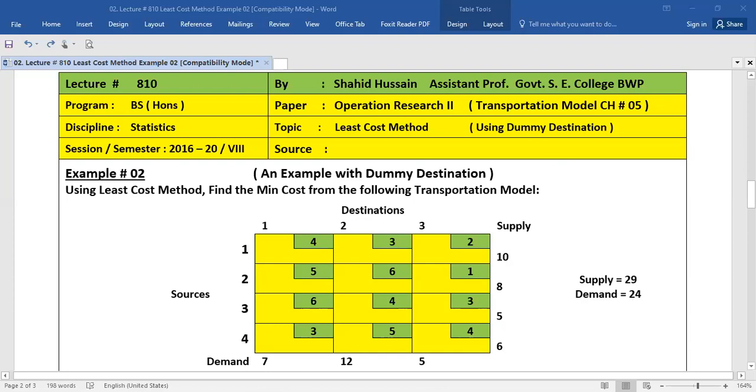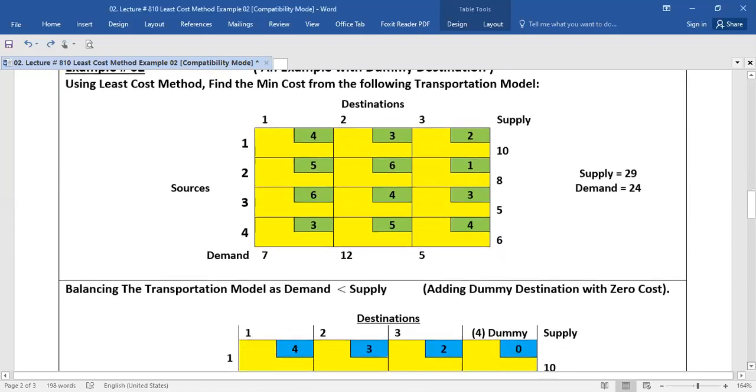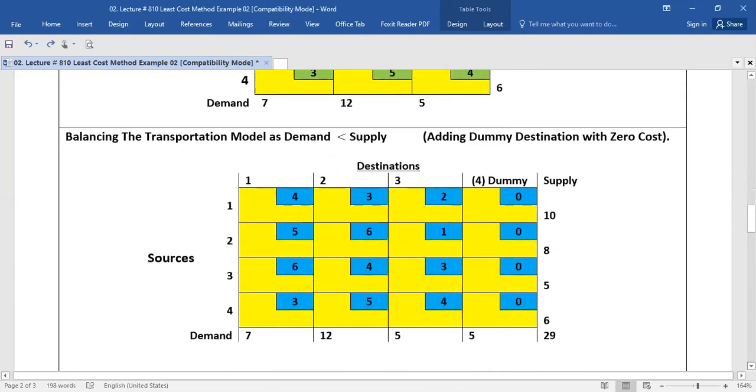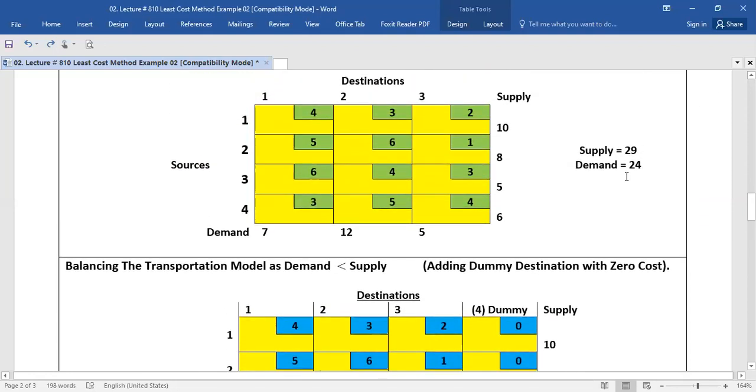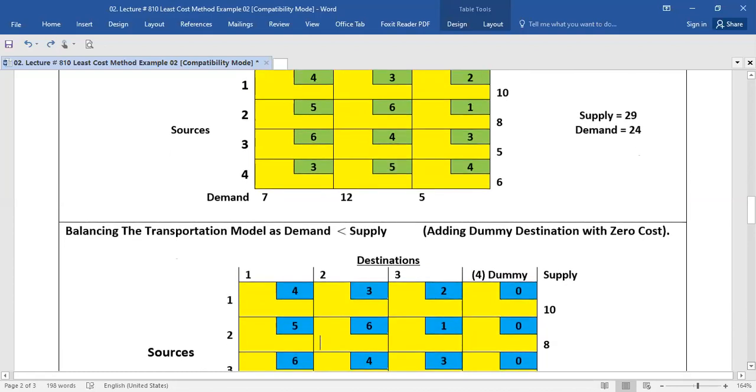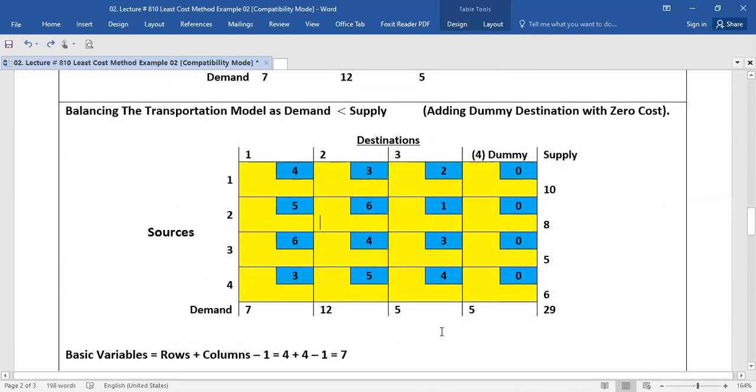Now what should we do? We will add a dummy column and add value of 5 to make it 29. Here 7, 12, 5 and yes, demand was less than supply, so we will make a change in the demand side.